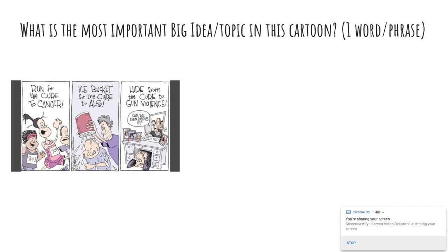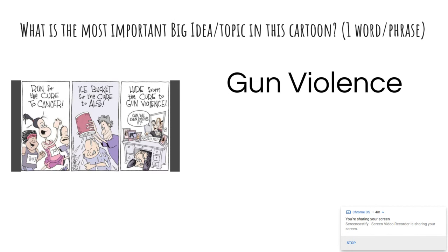This is one word or one phrase, so it's not a complete sentence. Well, I don't think the cartoon is mostly talking about cancer. It's not mostly talking about ALS. I think it's just using these 2 situations to compare to the real issue that it's dealing with, which is gun violence. That's really what this cartoon is trying to talk about here.